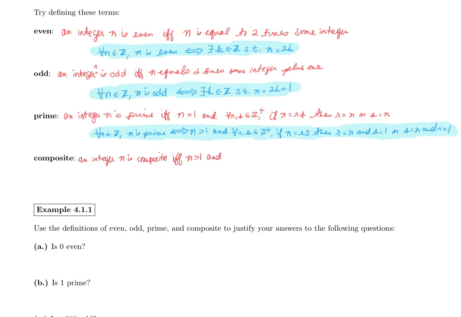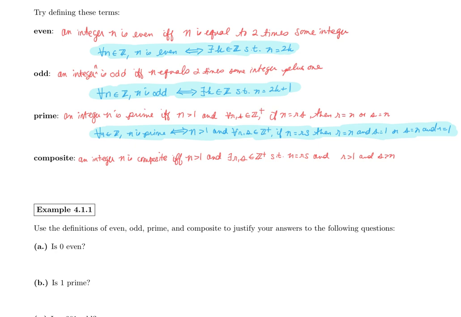and there exists some r and s in the set of positive integers such that n equals rs and r is greater than 1 and s is greater than n.